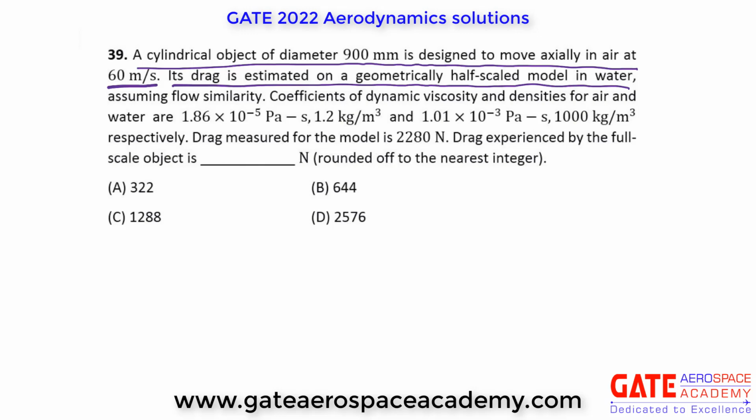Assuming flow similarity, the dynamic viscosity and densities for air and water are 1.86 into 10 to the power minus 5 Pascal second, 1.2 kilogram per meter cube, and 1.01 into 10 to the power minus 3 Pascal second and 1000 kilogram per meter cube respectively.